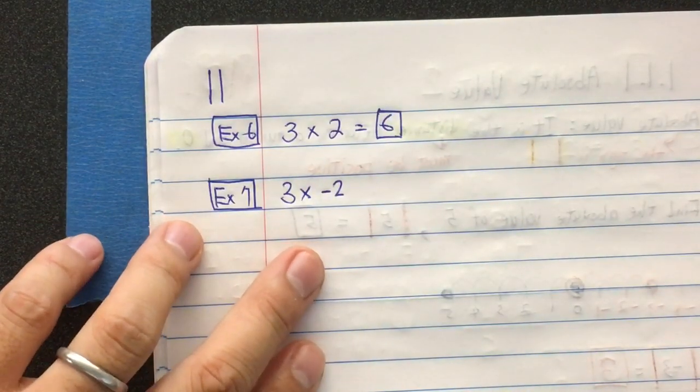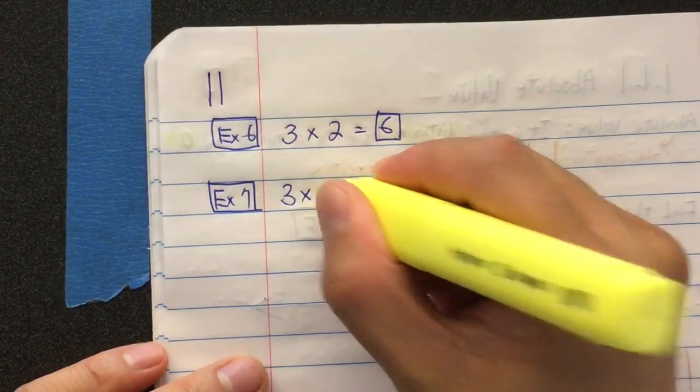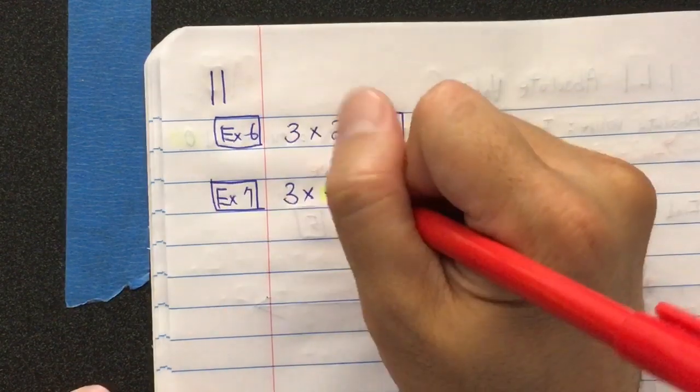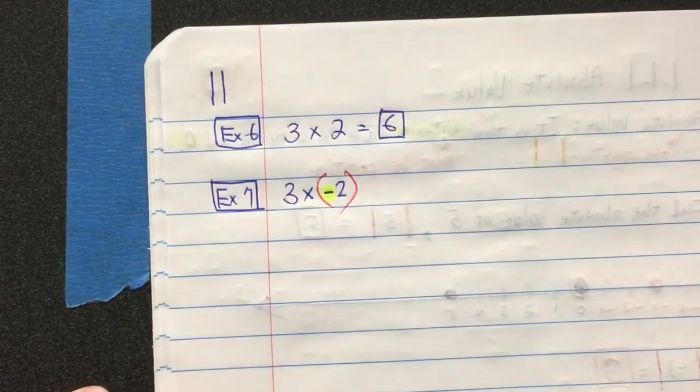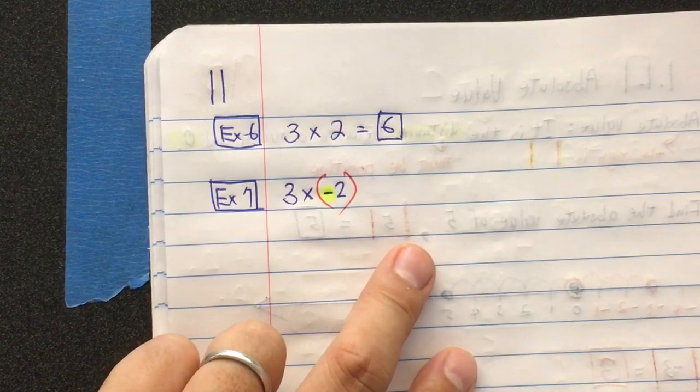Ladies and gentlemen, if we see negative, we must have the parentheses. If we have negative, it must be parentheses. So now let's write down.